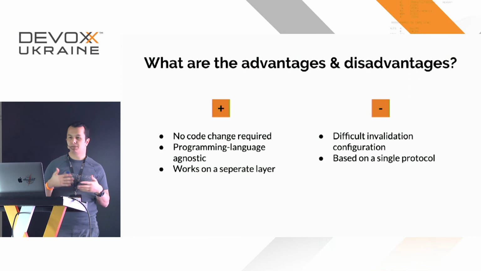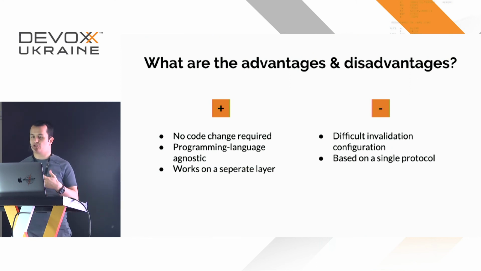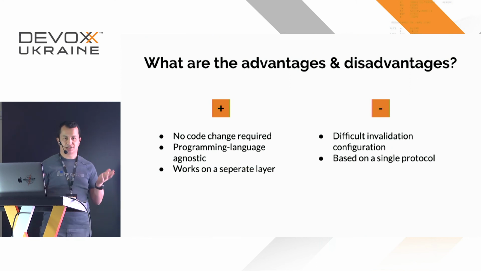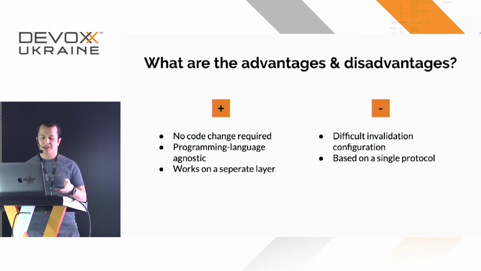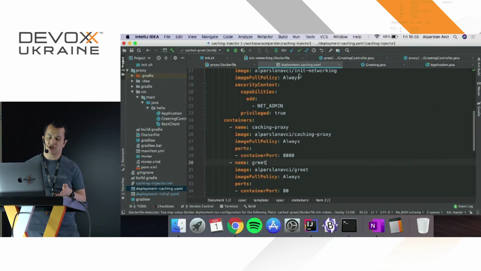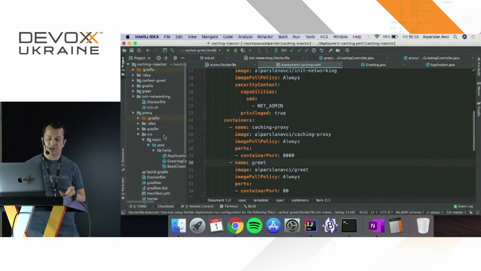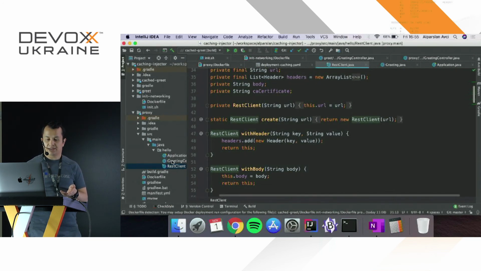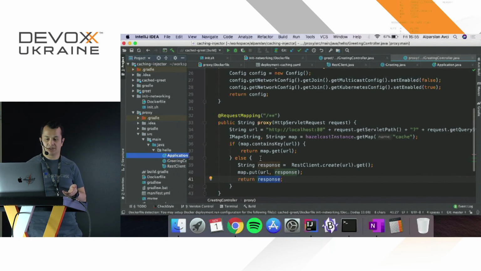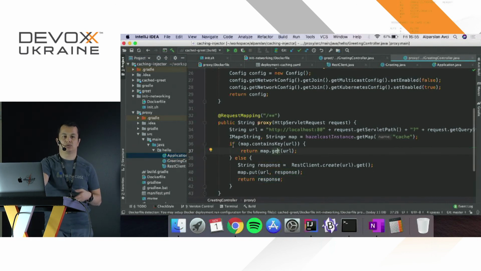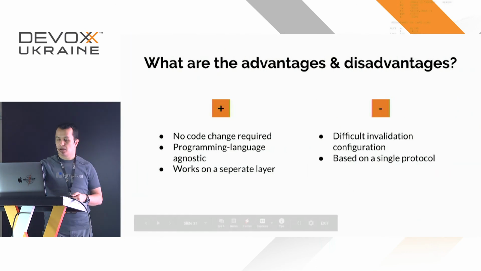We would like to implement a mature caching proxy, but there is none right now. The one that I used here is just a non-production ready one. As you can see, it is just using a simple REST client, and also it is using a simple way to do the cache miss and cache hit operations.